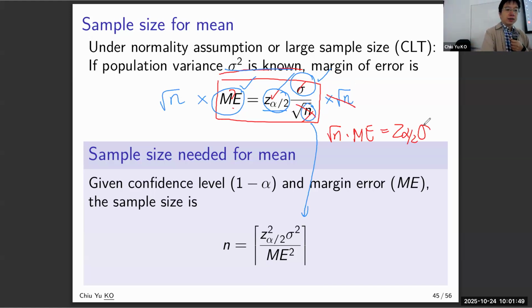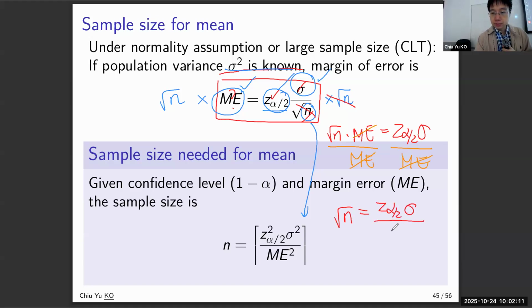And now we divide both sides by ME, right? So ME is gone. So what is left is this guy. Root n is equal to Z alpha over 2 sigma over ME, right? And because these are all positive, it's the same, you square both sides, and you end up with this guy.